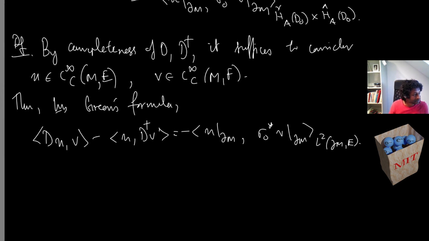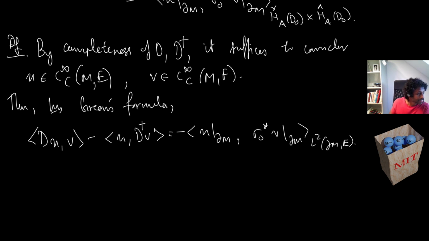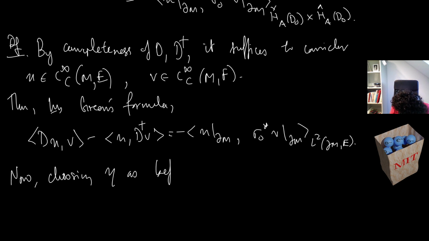So now, choosing eta as before in the theorem, what do we have?